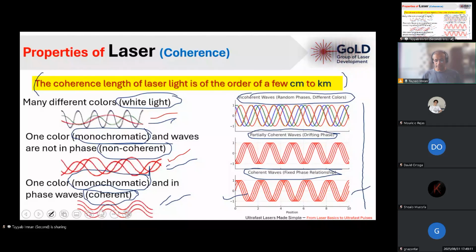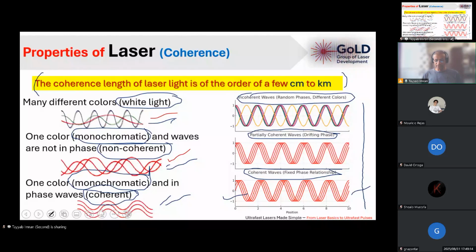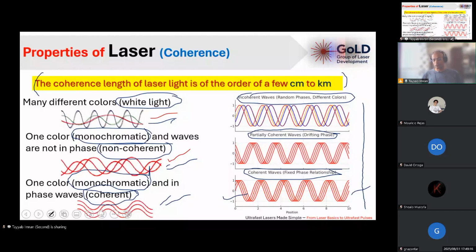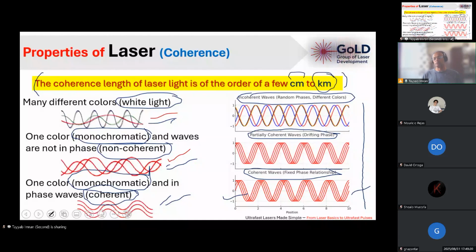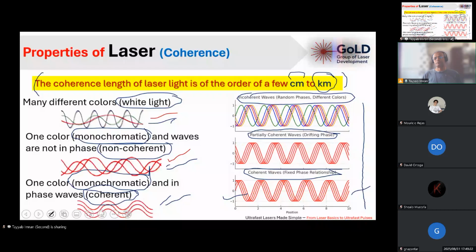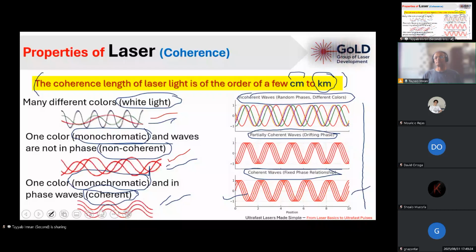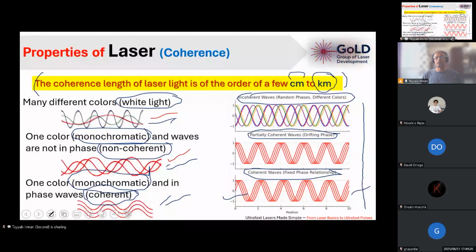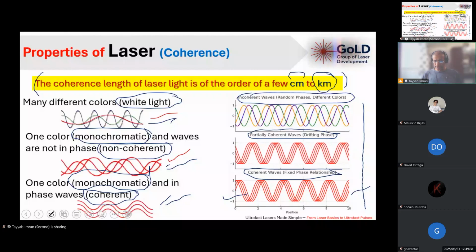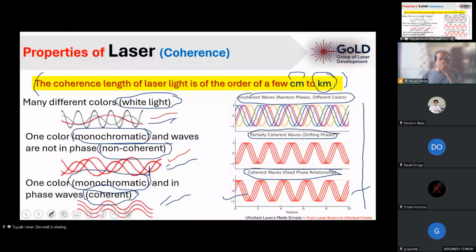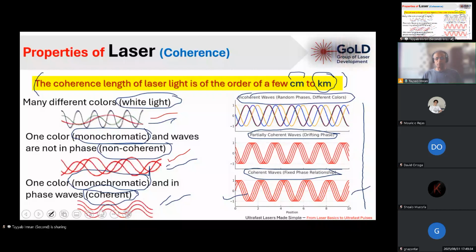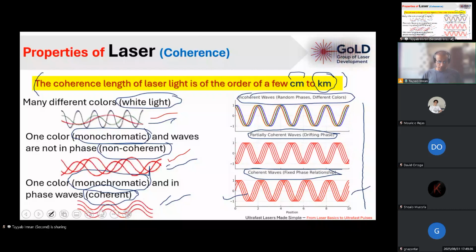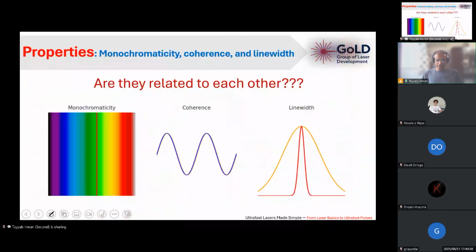Coherence length can be from a few centimeters to a few kilometers. It depends on the quality of the laser. And that is why coherence is very important.